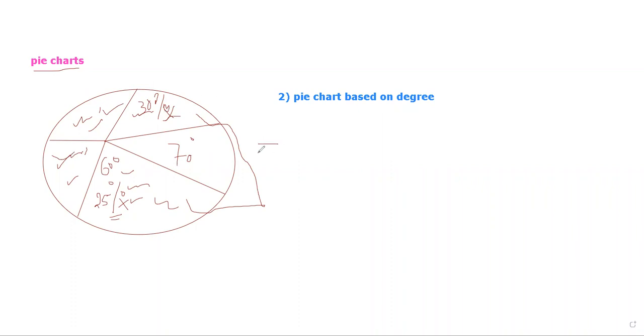Now if we want to calculate the value in this case, what will the value be? Similarly, you can find the value here: if someone asks you, when the data is in degrees, to find the value of this component or section.